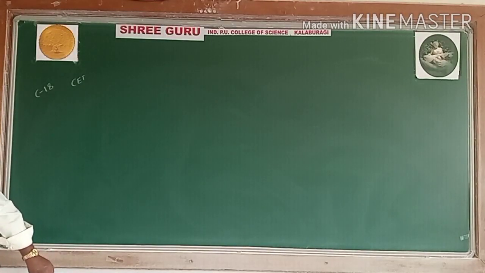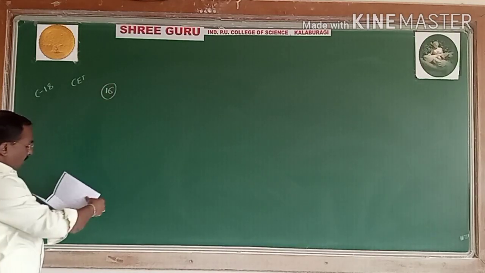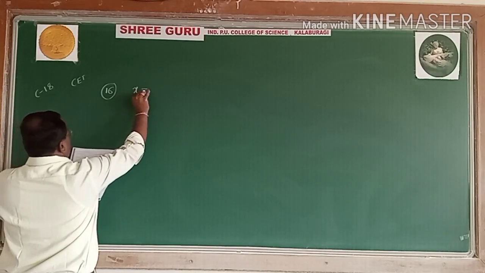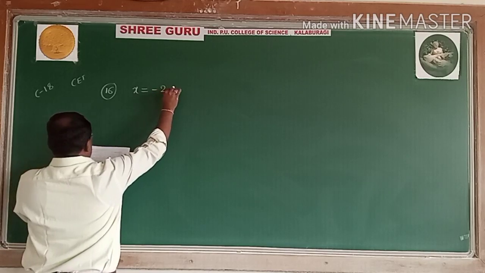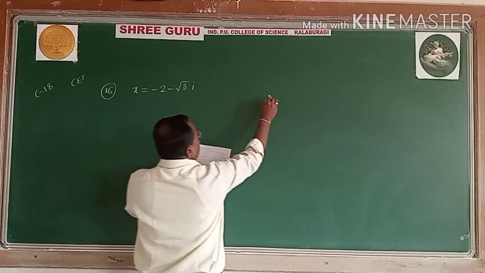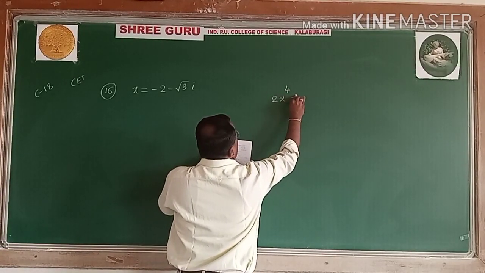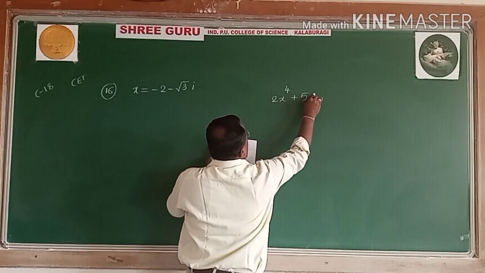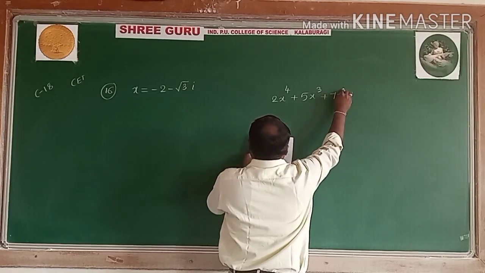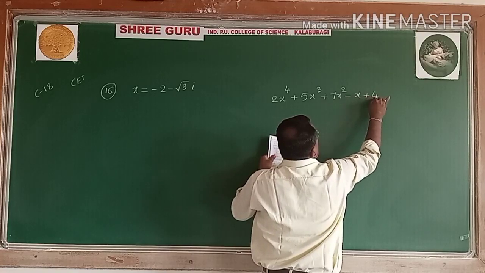Next, example number 16. Here, I will write x equal to minus 2 minus root 3i, and the expansion 2x to the power 4 plus 5x cube plus 7x square minus x plus 41.